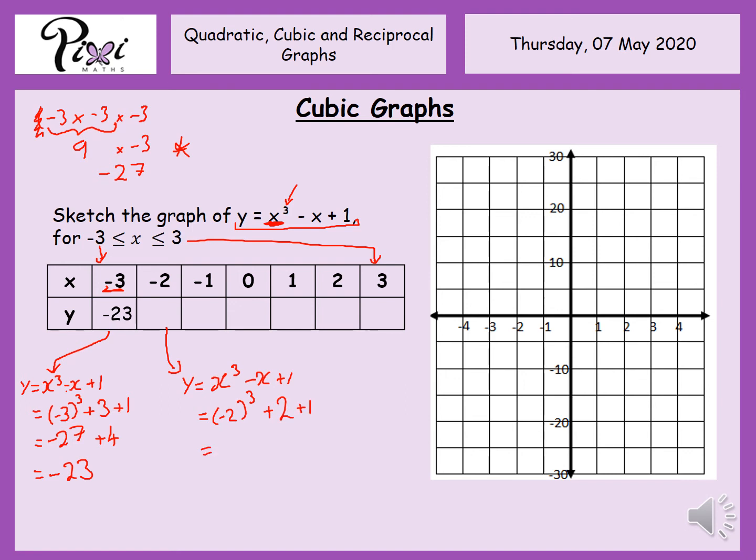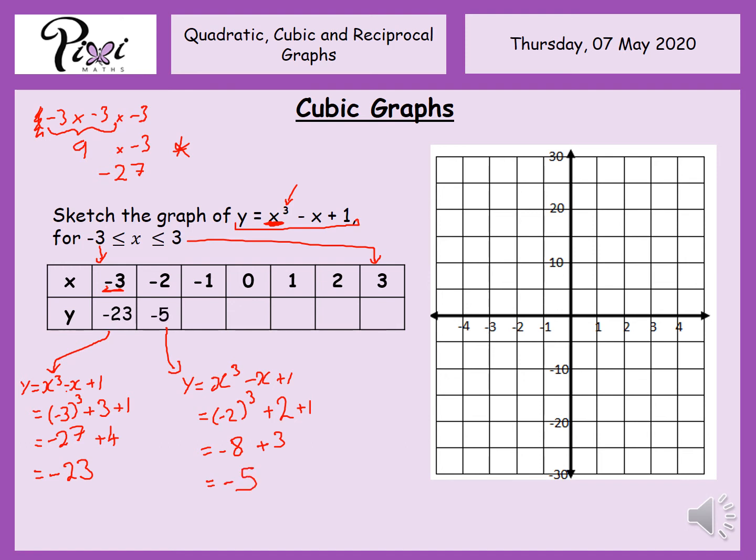To work out minus 2 cubed, it's minus 2 times minus 2 times minus 2. So that will give us minus 8 overall plus 3, because we've got plus 2 plus 1. So that will overall give us minus 5.